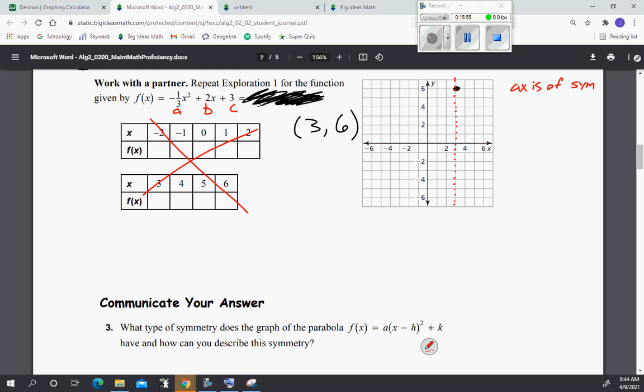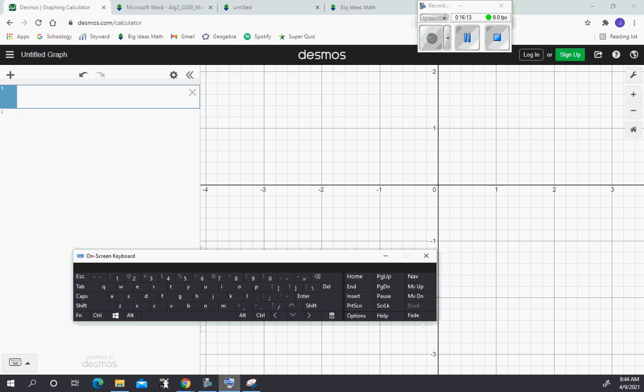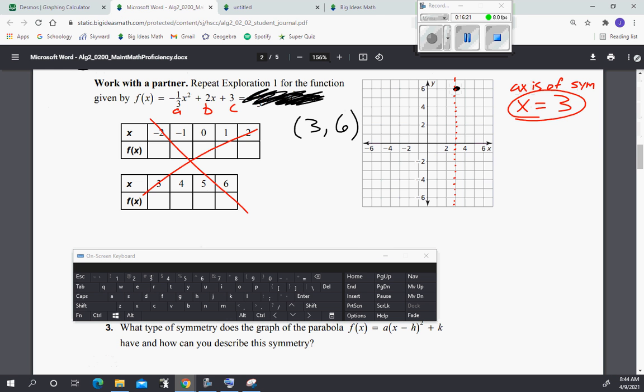My axis of symmetry is x equals 3. Whatever your x equals, that's your axis of symmetry, that's your line. If I go in here and type in x equals 3, watch what happens. It's a vertical line, right at 3. X equals 3, vertical line, right there. There's my description for you.